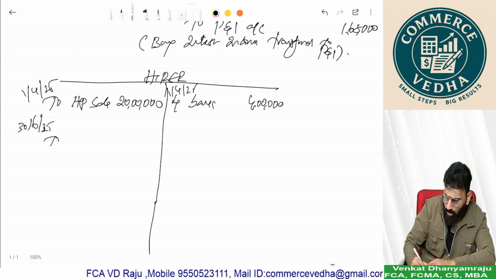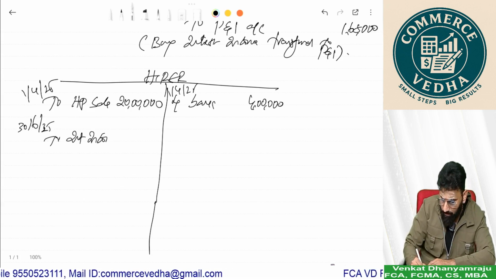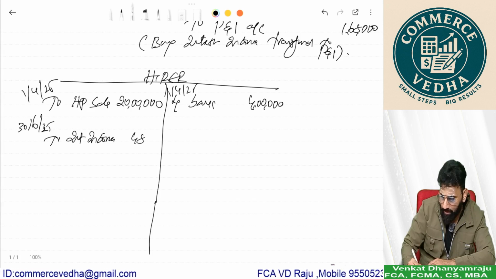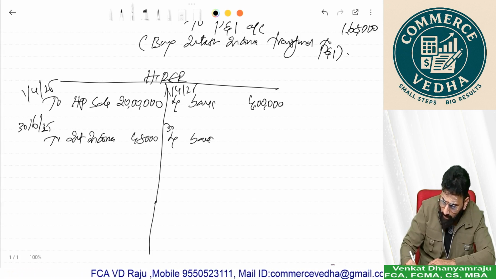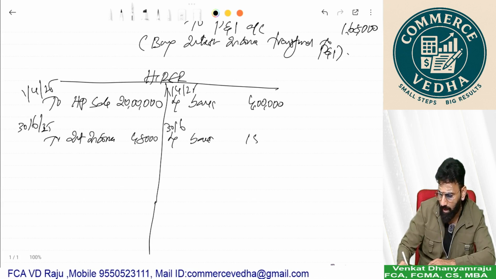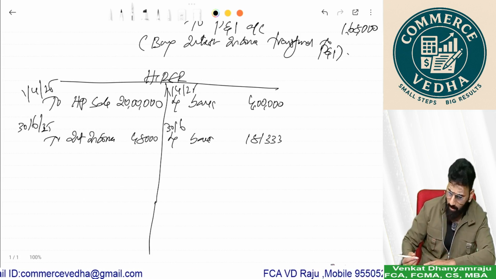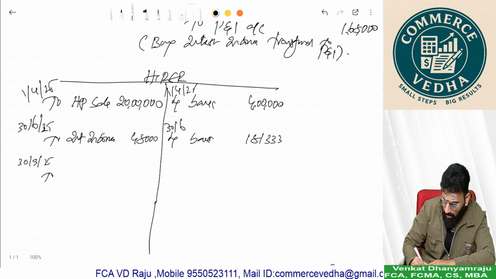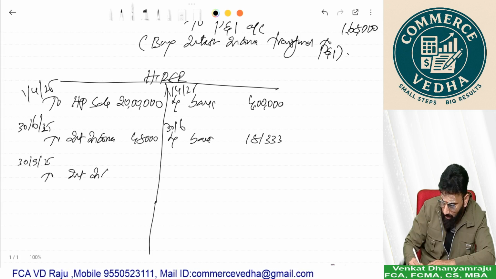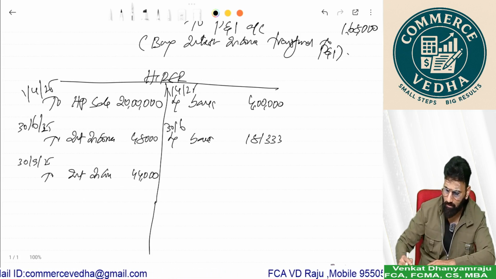30/6/25 to interest income. How much? 48,000. By bank, same date 30/6, 181,333, right? And 30/9 to interest income 44,000.